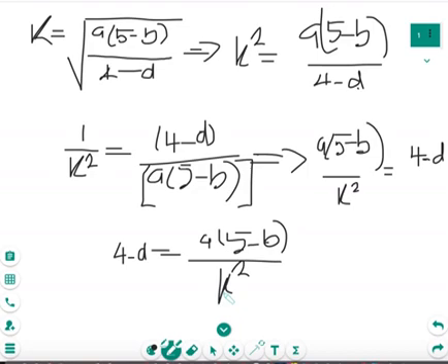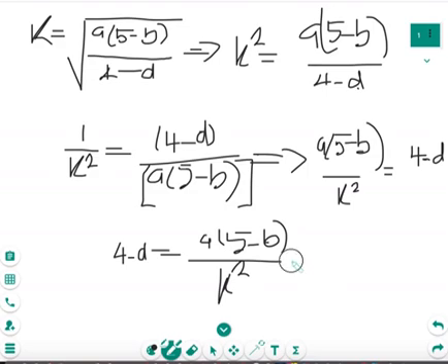So we need to get rid of the 4 on the left side so that d can stand on its own. So you can subtract 4 on both sides. Alright?